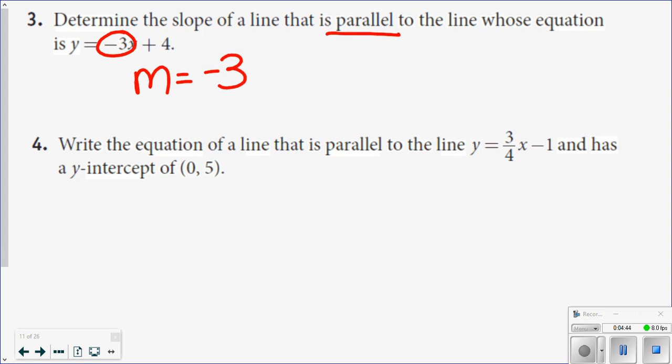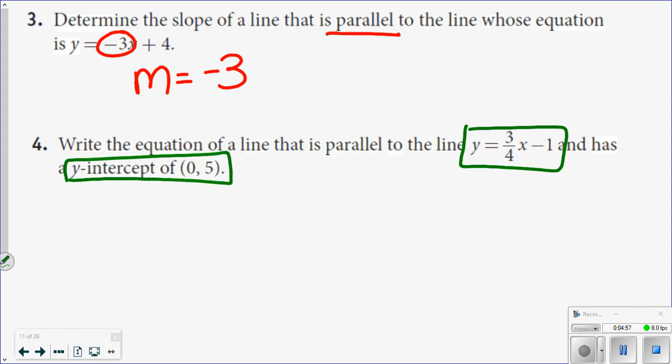Question 4. Write an equation of a line that is parallel to this line right here, and it has a y-intercept of 5. Well, I could get my slope and my y-intercept. So we're going to write this in slope-intercept form. y equals mx plus b. What would be my m? What would be my slope? If it's parallel, it has to be the same.